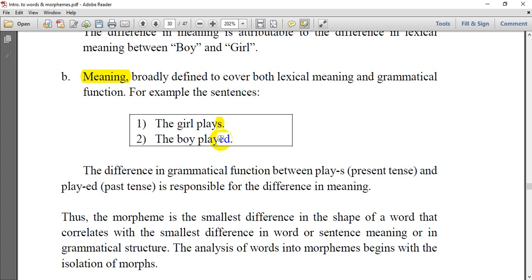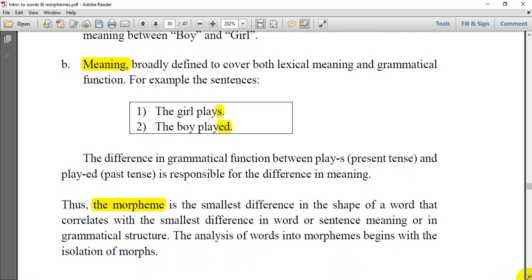The grammatical function between plays and played is responsible for the difference in meaning. Thus, the morpheme is the smallest difference in the shape of a word that correlates with the smallest difference in word or sentence meaning or grammatical structure.